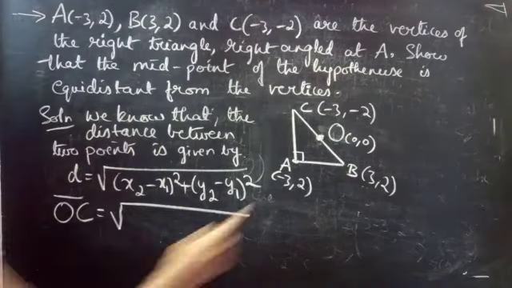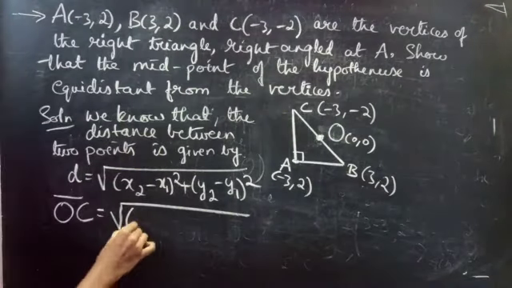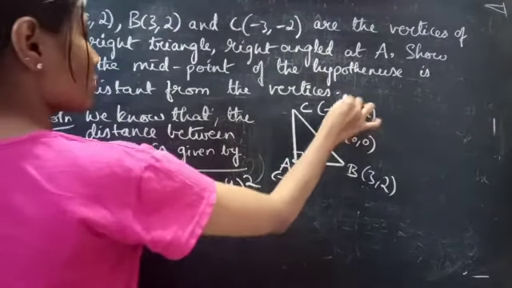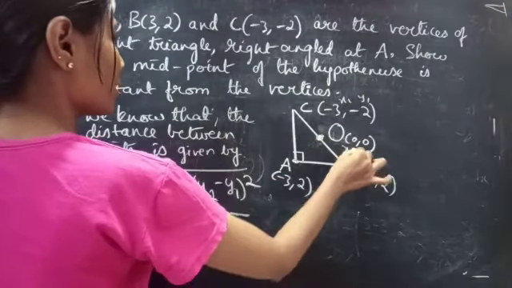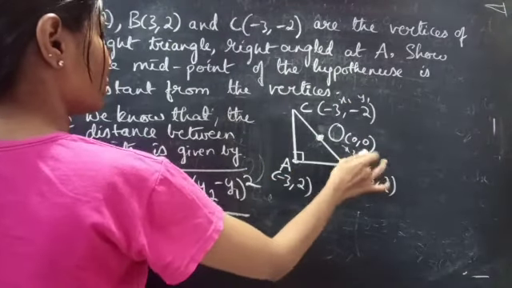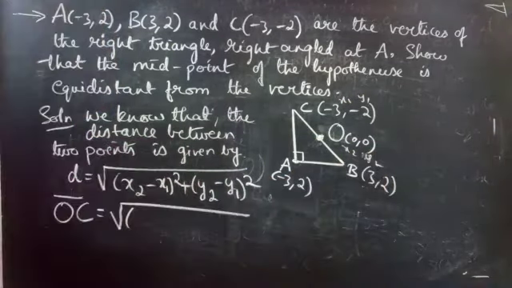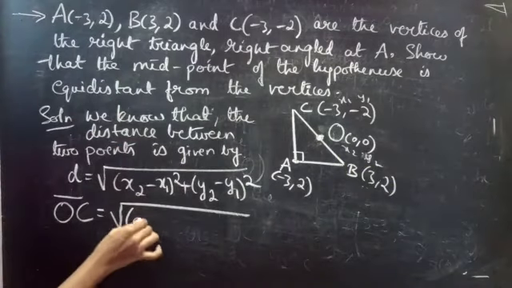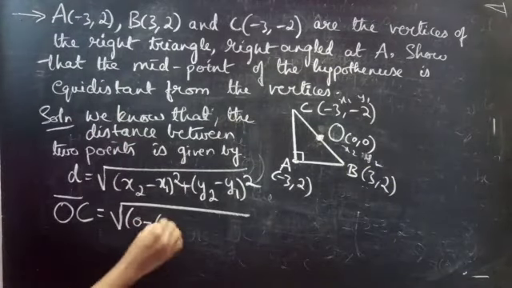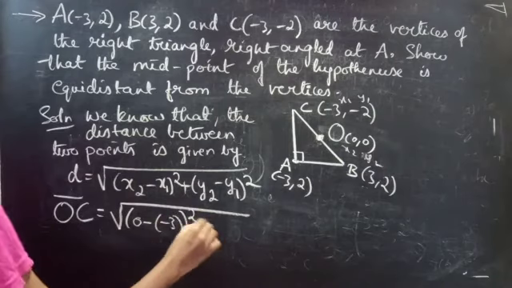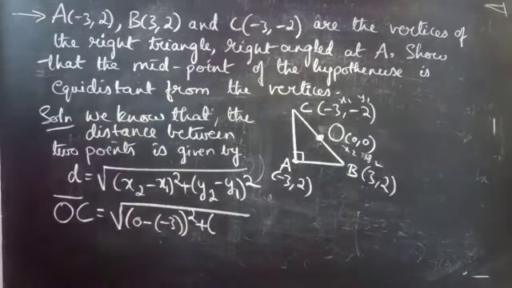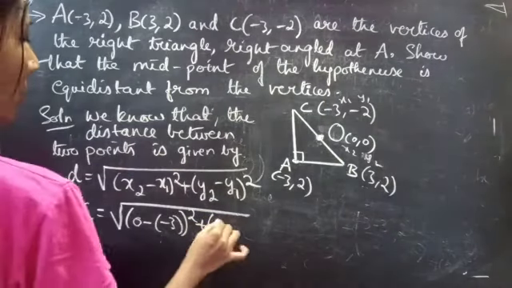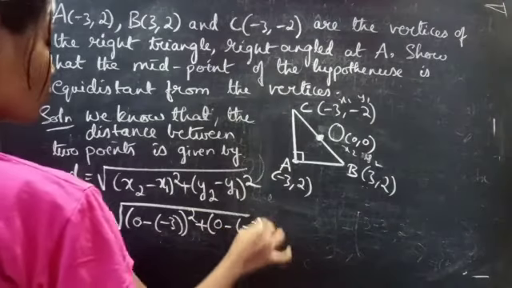Consider O(0, 0) as x1, y1 and C as x2, y2. So x2 is 0 minus x1 is minus 3, whole square, plus y2 equals 0 minus y1 is minus 2, whole square.